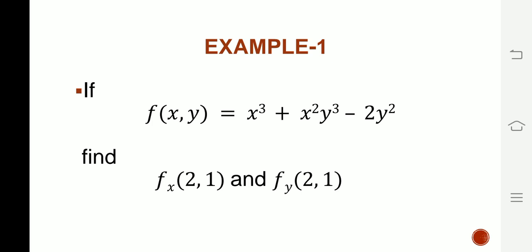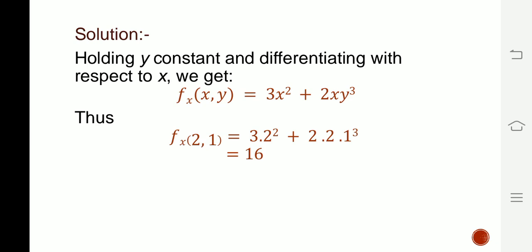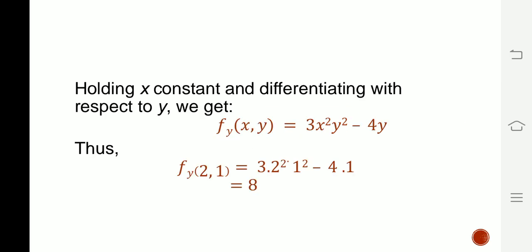We know the derivative of a constant function is 0. Here we are taking y as a constant, therefore the derivative of 2y square is equal to 0. That means fx of x y is equal to 3x square plus 2x y cube, and fx of 2, 1, that is substitute x is equal to 2, y is equal to 1, we get the answer 16.